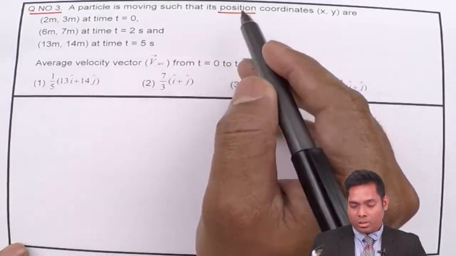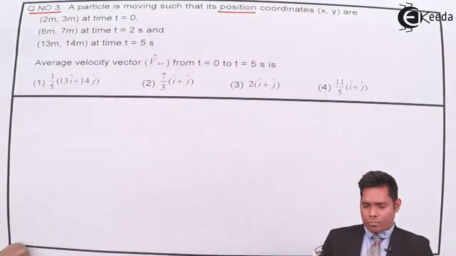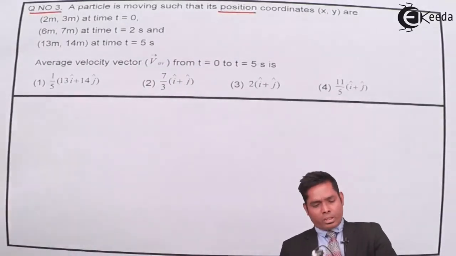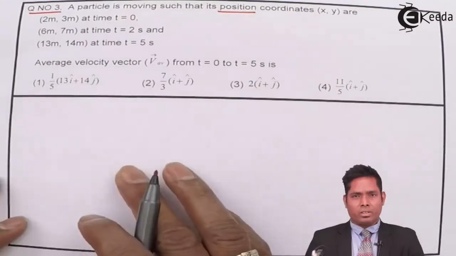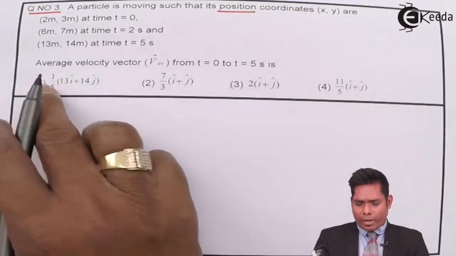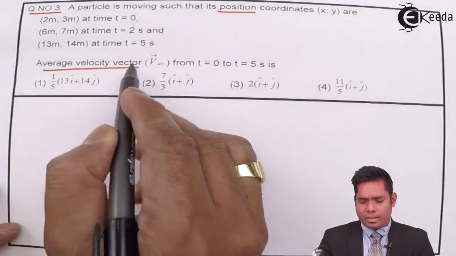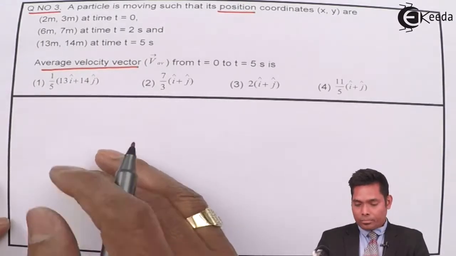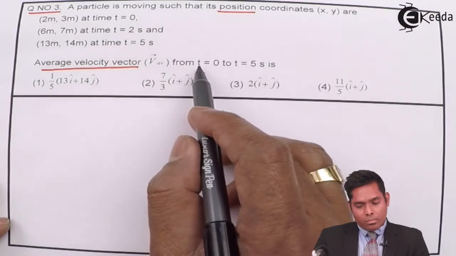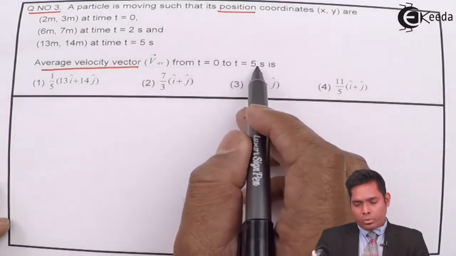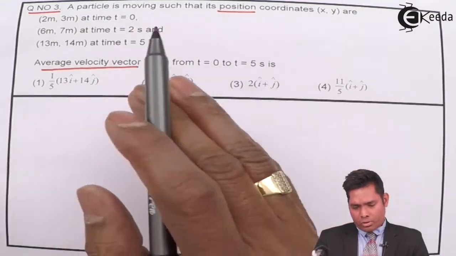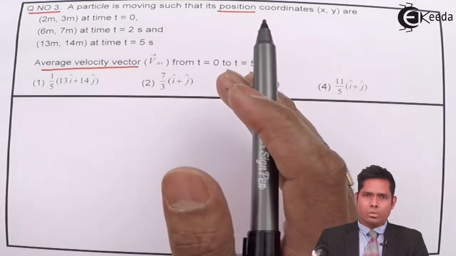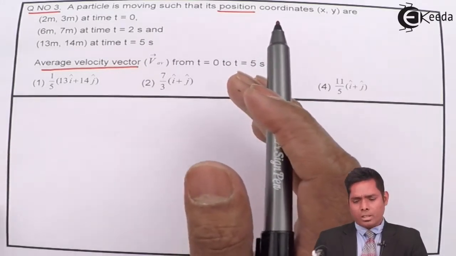This is the position at time t equals 5. Obviously it is moving in the xy plane because it has z coordinate 0, and you have to find the average velocity vector from t equals 0 to t equals 5 seconds. So during this journey of 5 seconds, you have to find the average velocity.